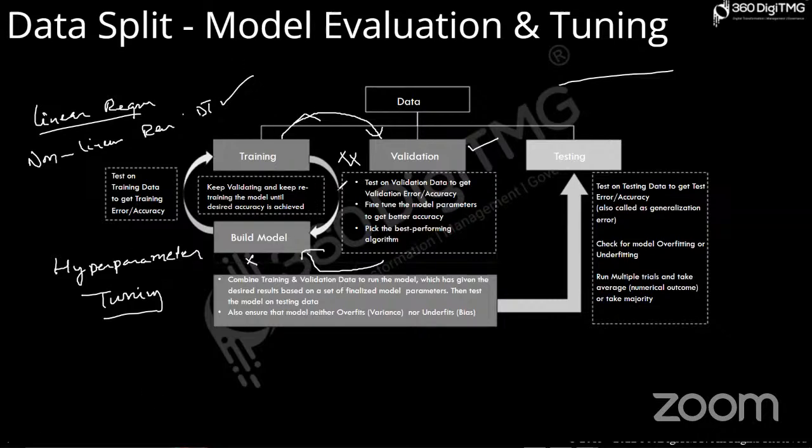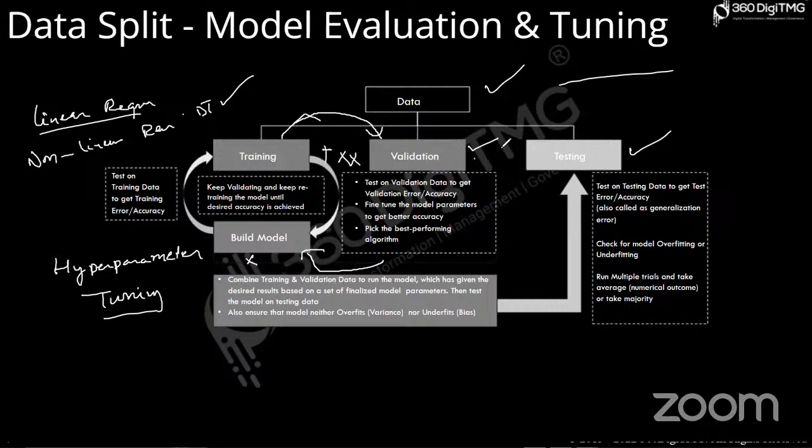Once we have found a model that better suits our data, we will be keeping aside a test data. Finally, after we have gotten the model, we'll add the training data and validation data and train on this whole data.